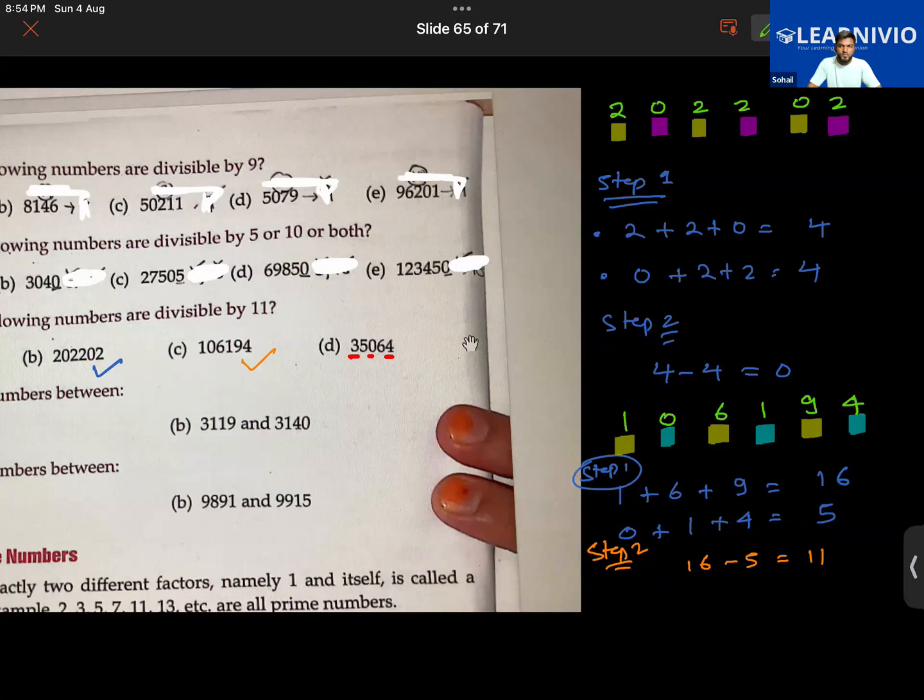Sir, next is not divisible. It is not divisible. So what difference are you getting? Habib, what is the difference you are getting? I'm doing. Okay.